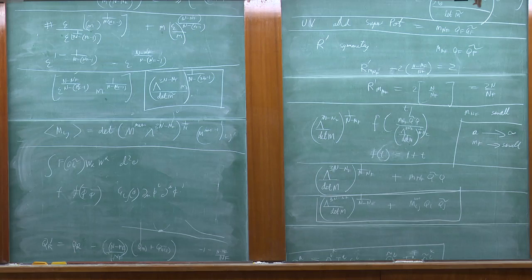Okay, so there's one last thing I wanted to say before ending. Yes, unique vacuum. Given that matrix, it's a unique vacuum. For instance, we saw that when we solved for this Q tilde with one M, we got one vacuum.